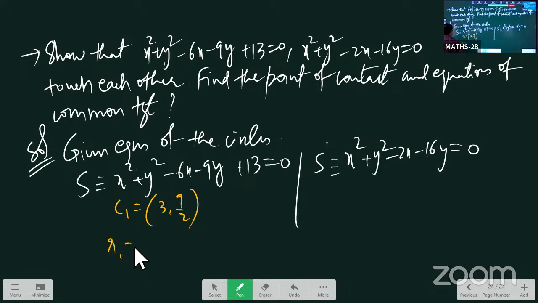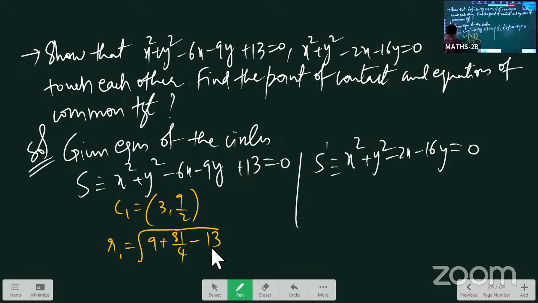Careful with calculation now. And radius R1, under root of g square plus f square minus c, that is 9 plus 81 by 4 minus 13.